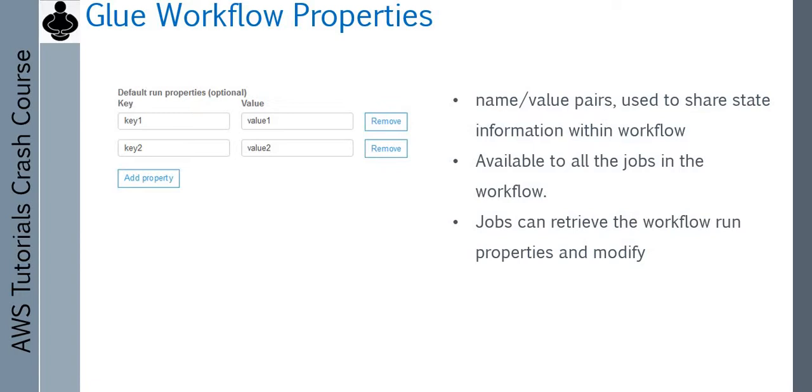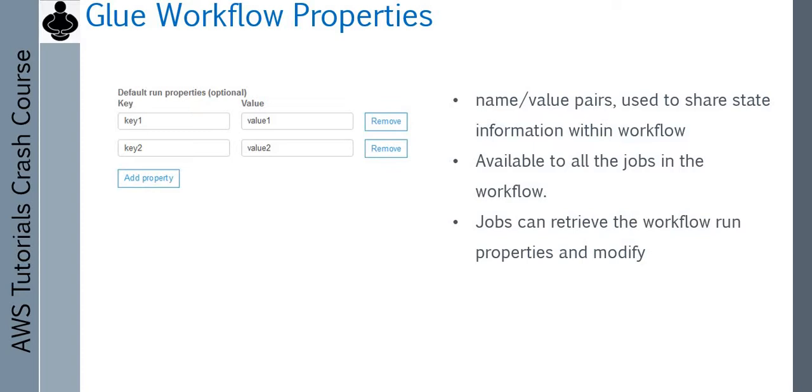If you have such a requirement where these jobs need to communicate with each other and share state, in that case you can use the Glue Workflow properties method, where you can create certain Glue Workflow key value pair kind of properties, and these key value pairs are then accessed by every job within the workflow.